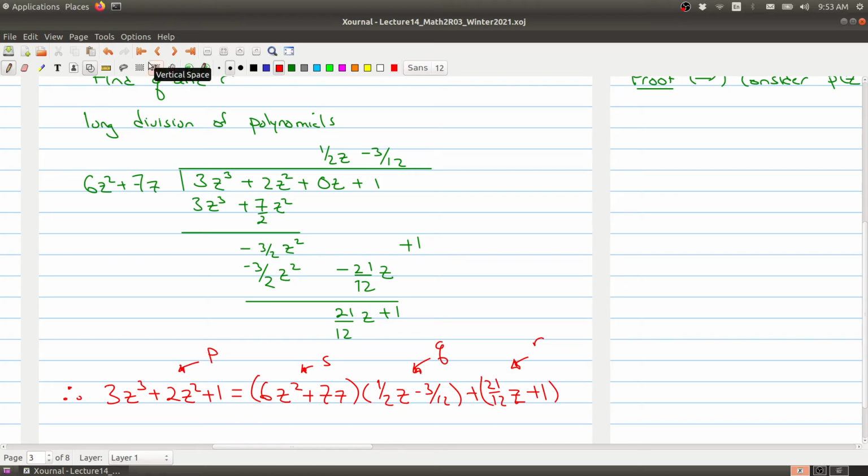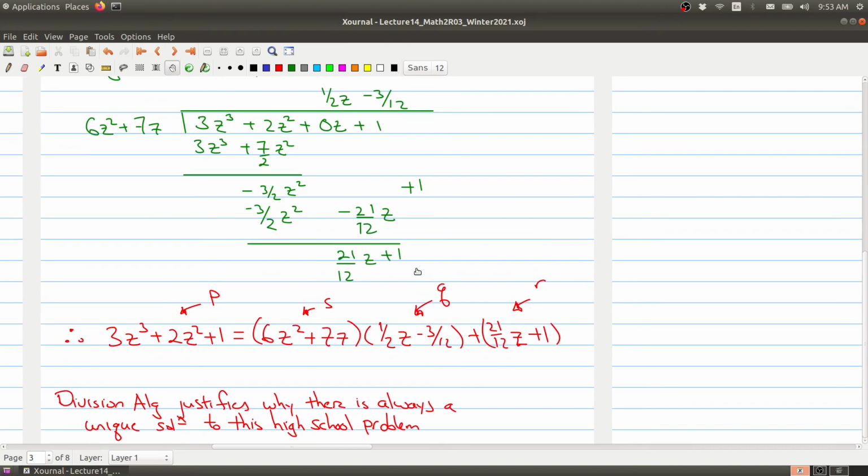So what the division algorithm is saying is that you can always find the q and the r, and you would have seen this before either in high school or in calculus. I've stated this at the bottom: the division algorithm justifies why there's always a unique solution to this high school problem. We don't need to do this very often in the course.